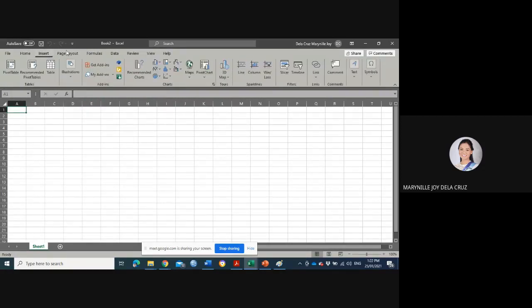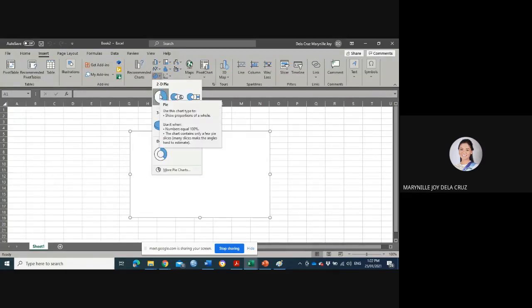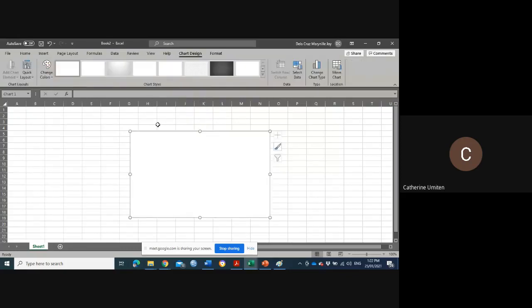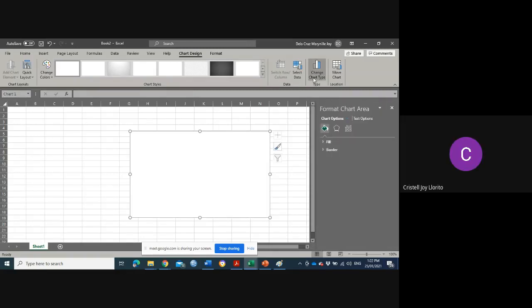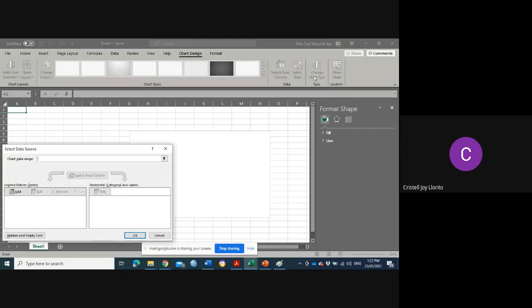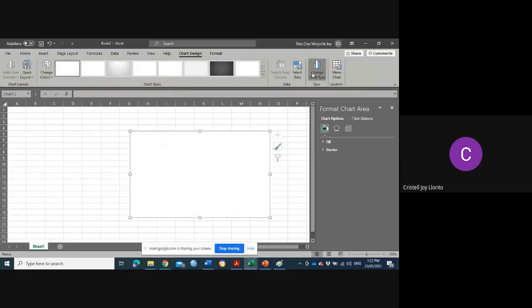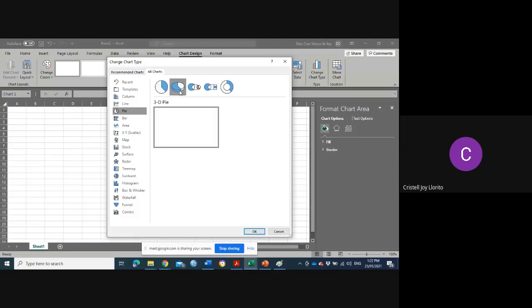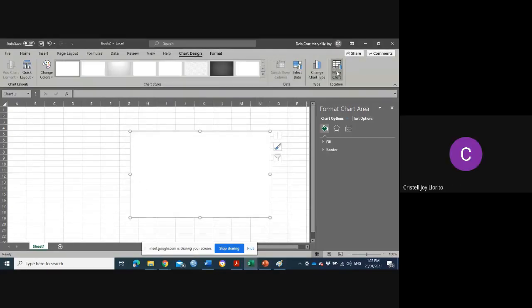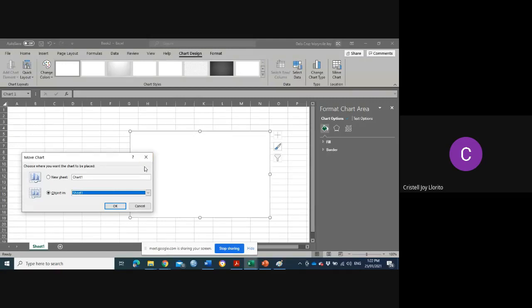Insert. Ma'am, wala kami laptop, ma'am. Hindi kami kaubra sa Excel pala.